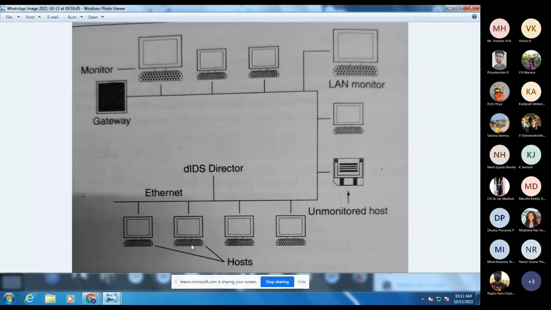Because the intrusion detection systems are distributed among all these hosts and LAN monitors and gateways also. Is it clear, students, about the distributed intrusion detection system? It is in short called DIDS. You can see here DIDS. Am I clear about this?